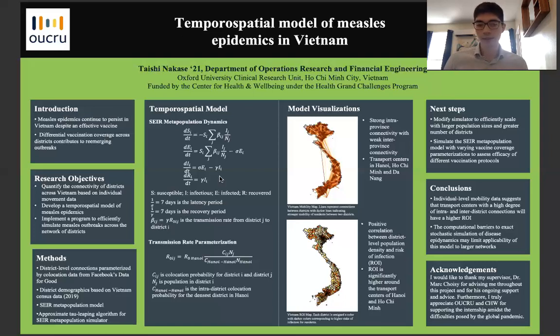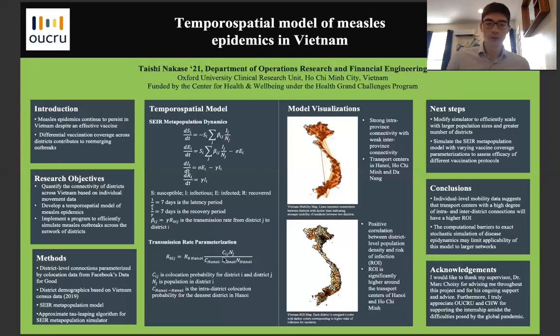The beta IJs characterize the transmission rate from one district to the next. A higher transmission rate between district J and district I means that an infected person in population J is very likely to infect another person in population I. So the difficulty was trying to parameterize this.